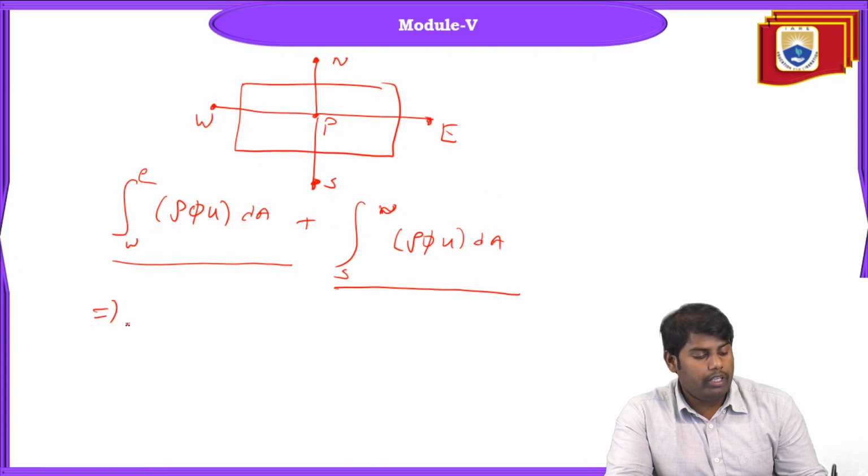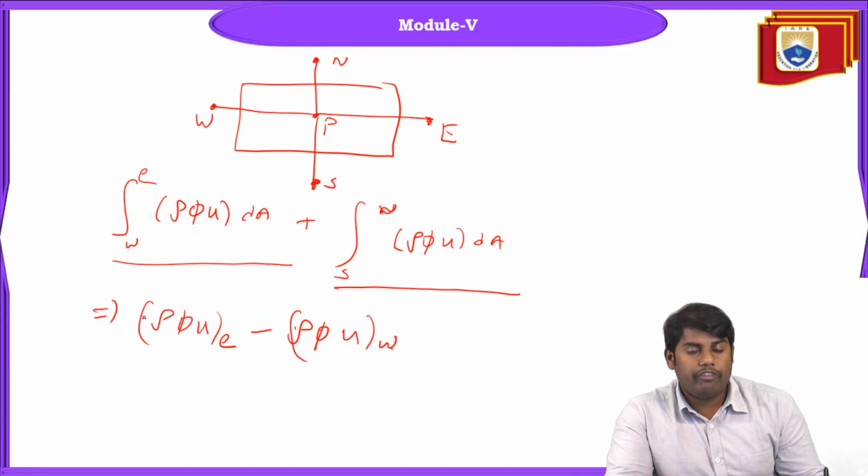When we rewrite the equation, what is happening? ρφu at e minus ρφu at w. If you take the area common, that will be applicable for both the terms. This is term 1 and this is term 2.